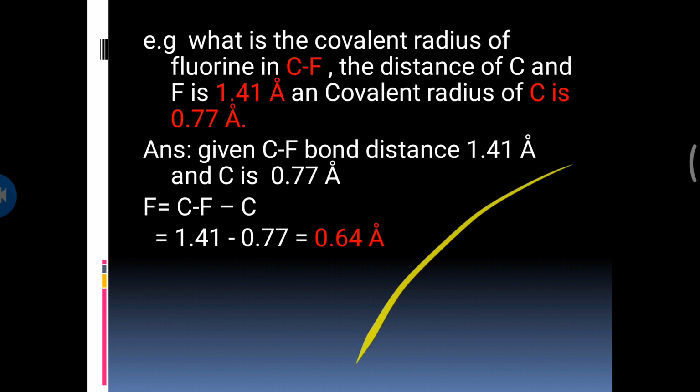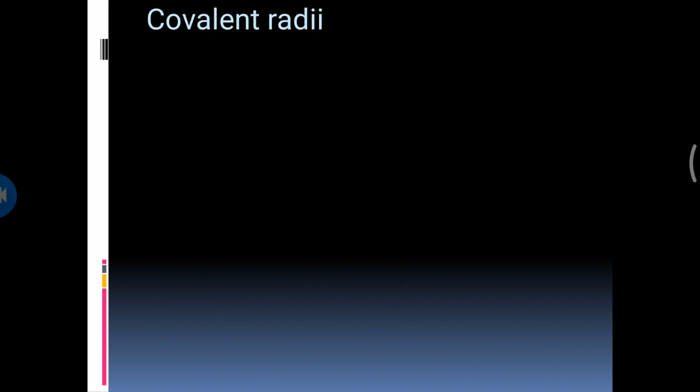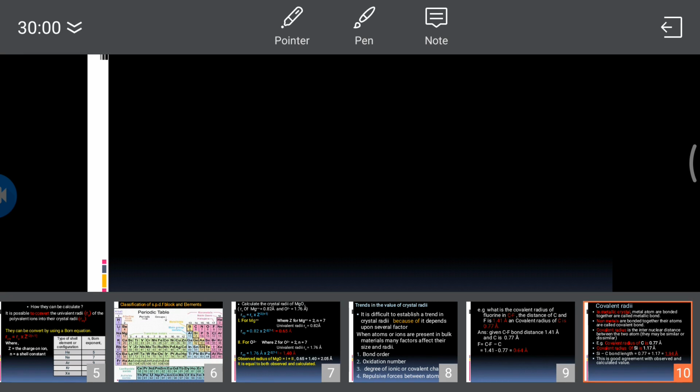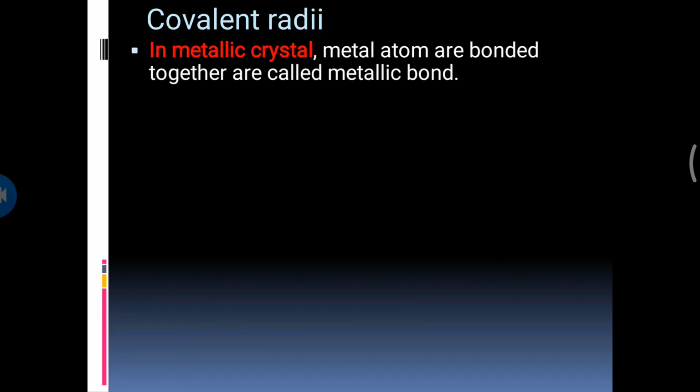Next is the covalent radius. There are different types of radii: covalent radii, metallic radii and ionic radii. First of all, we will discuss metallic radii. In a metallic crystal, metal atoms are bonded together, and this is called a metallic bond.